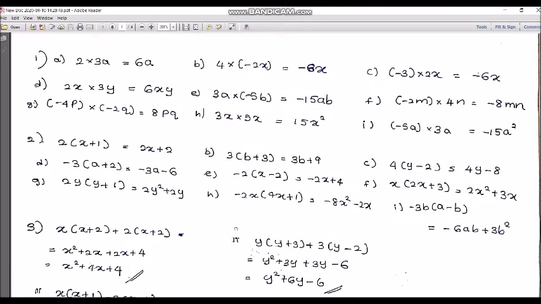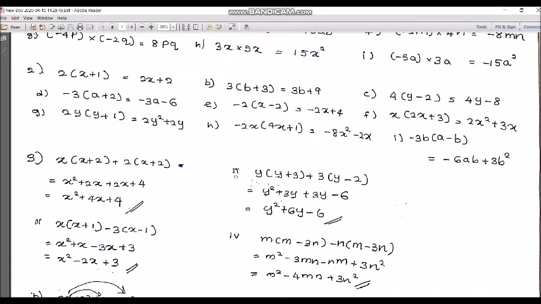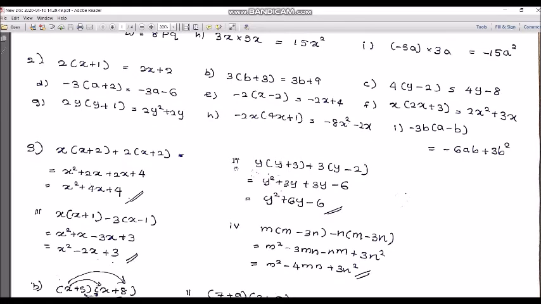In the next question, question number 2, the only difference is there are some plus marks in the expressions. When we simplify something within a bracket, we have to multiply each and every value inside the bracket with the value outside the bracket.